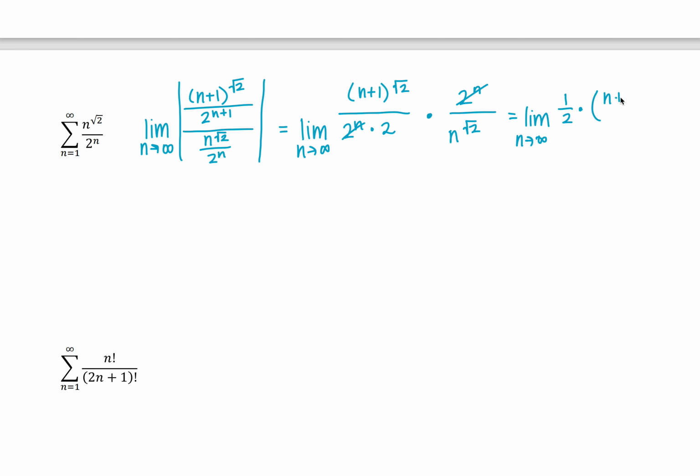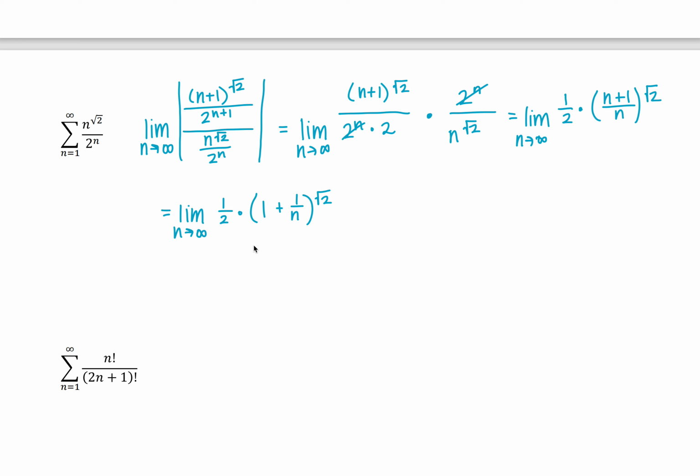So that's n plus 1 over n to the square root of 2. Now, that single fraction I can then break up. So I've got the limit as n goes to infinity of 1/2 times 1 plus 1 over n to the square root of 2 power.